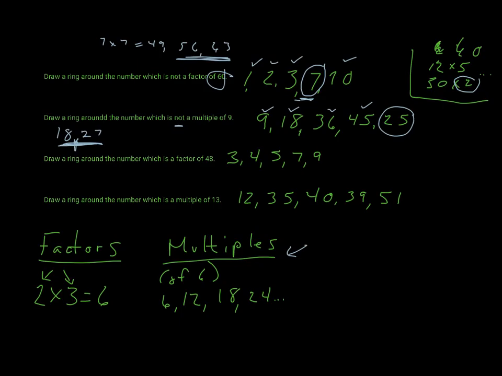All right, next question. Draw a ring around the number which is a factor of 48. We are looking for a number which, when we multiply it with another number, will make the number 48.